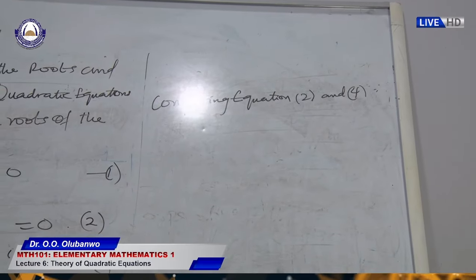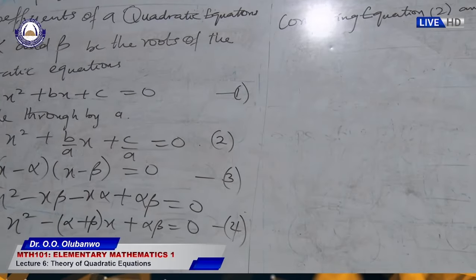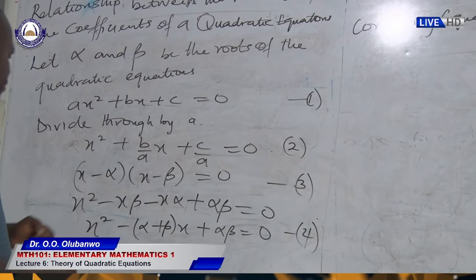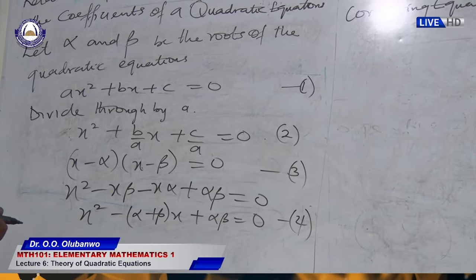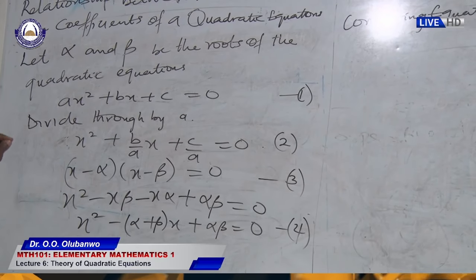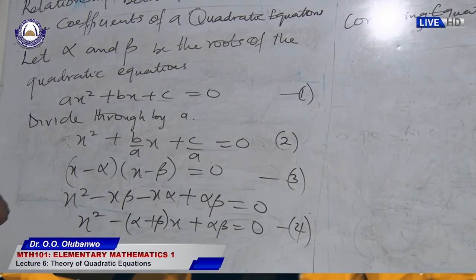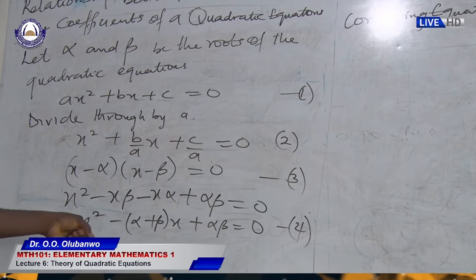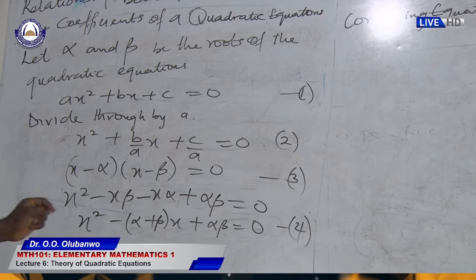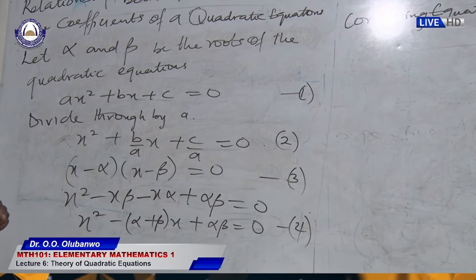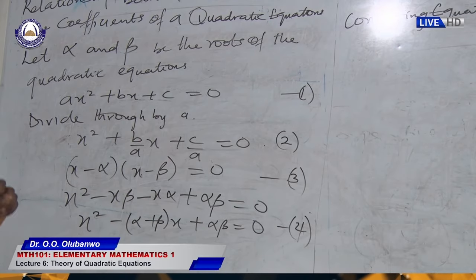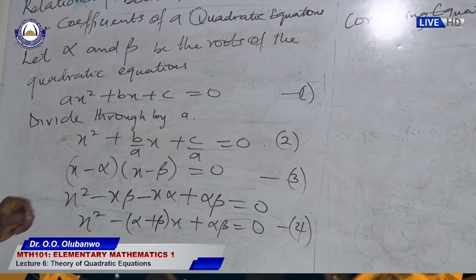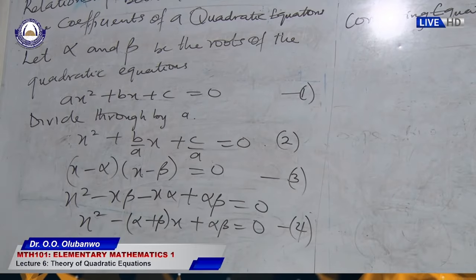We'll see that x is there and also here. The second term, we have plus b over a, and looking at equation 4, we have minus into bracket alpha plus beta into bracket x. Also, the constant we have plus c over a. In equation 4, we also have plus alpha beta.